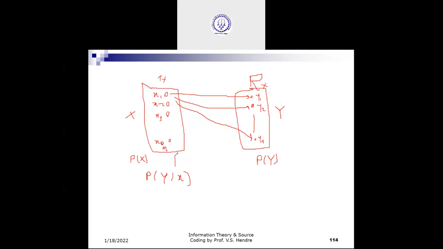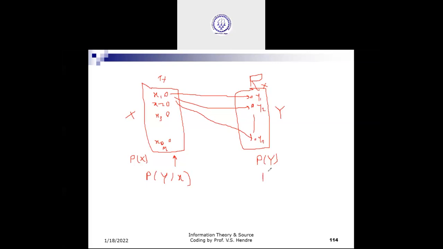As x is known, this probability can be calculated at the transmitter end, because at the transmitter end I know the value of x. So what is P of y given x? You know that x1 is transmitted. What is the probability that y is received at the receiver? So I am predicting from the transmitter end towards the receiver end the probability that y will be received if I have transmitted x.